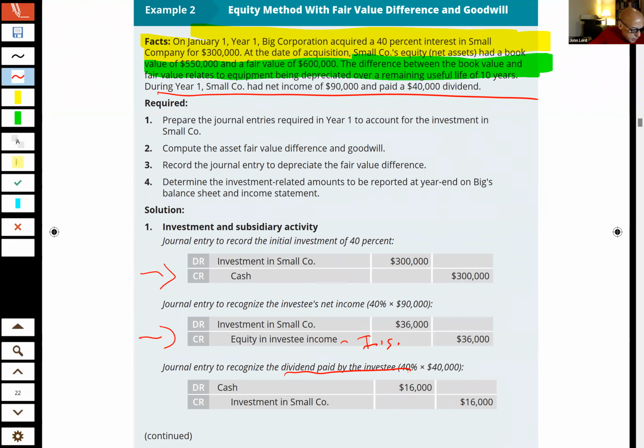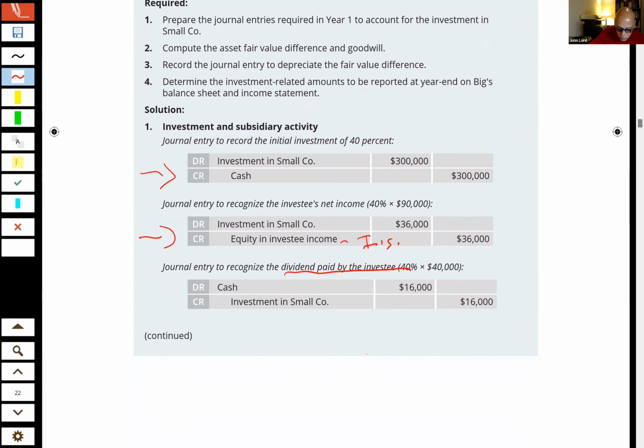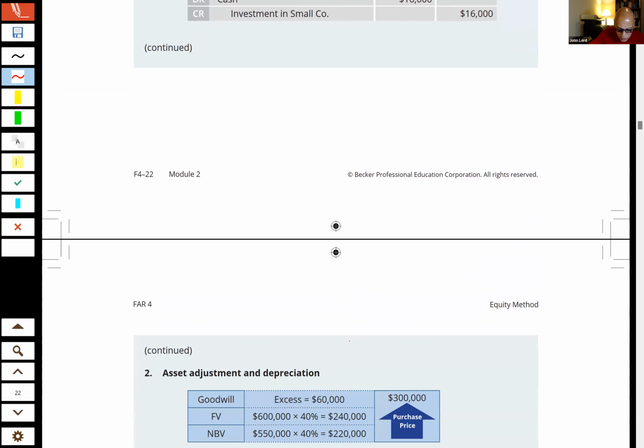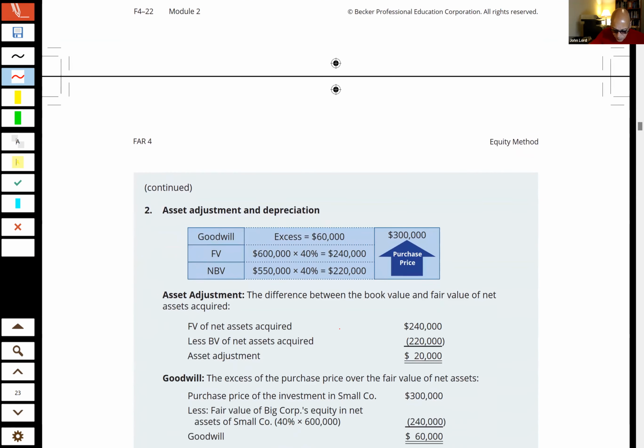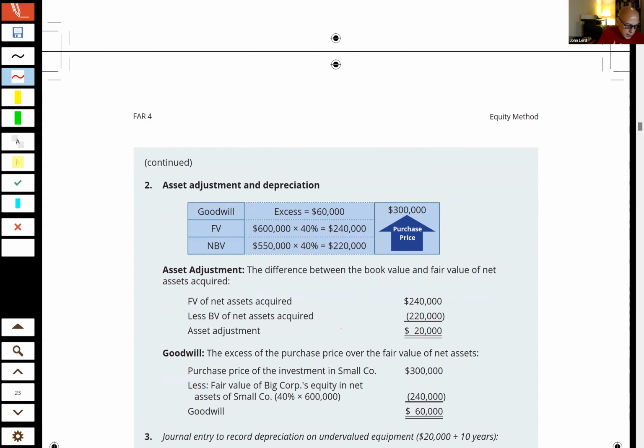Now let's see what we're going to do with some additional calculations here. The way I look at questions where they're asking me what is the amount of implied goodwill associated with an equity method investment, in other words, I'm below 50%, I always look at it as, well, what did I pay and what did I get?